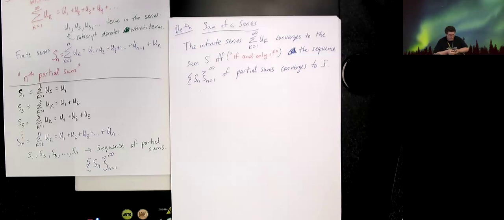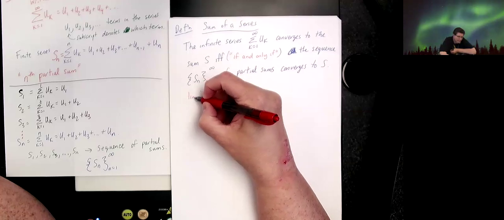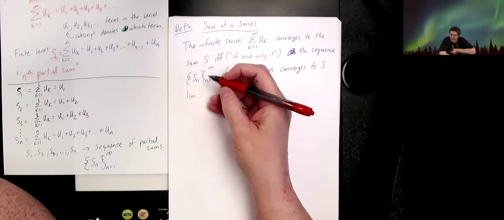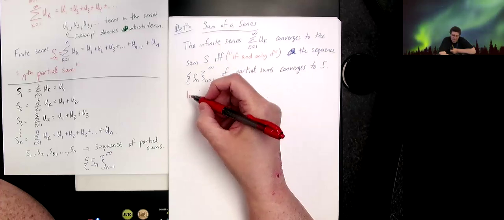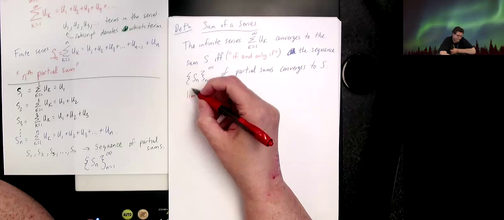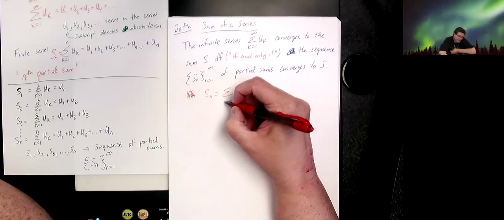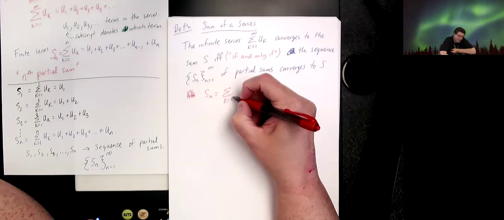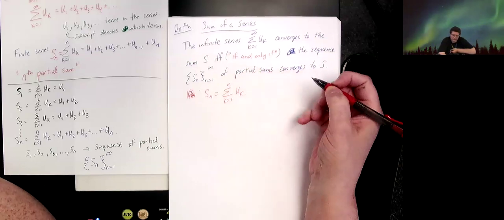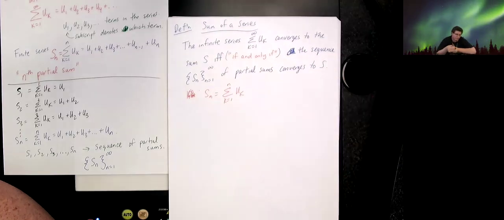So one way of doing this is we'll take the limit. Let's start out with S sub n, what it is. S sub n is k equals 1 to n of u sub k. And we are going to slap some limits on this.